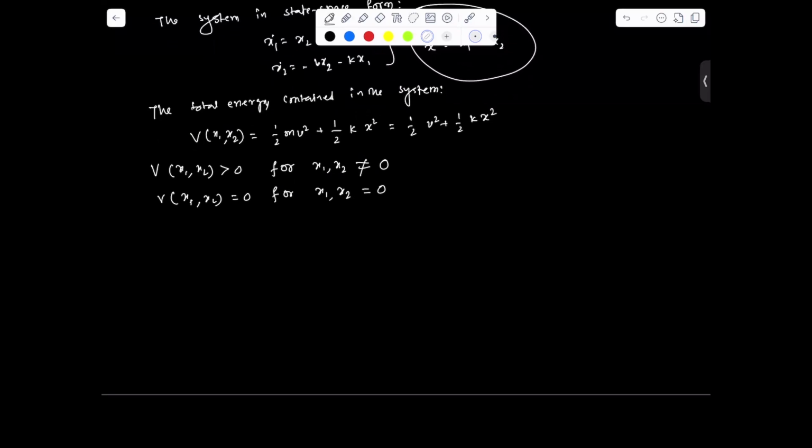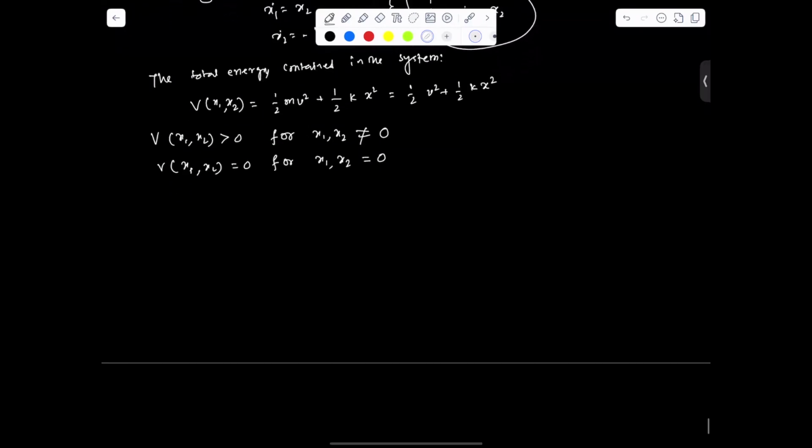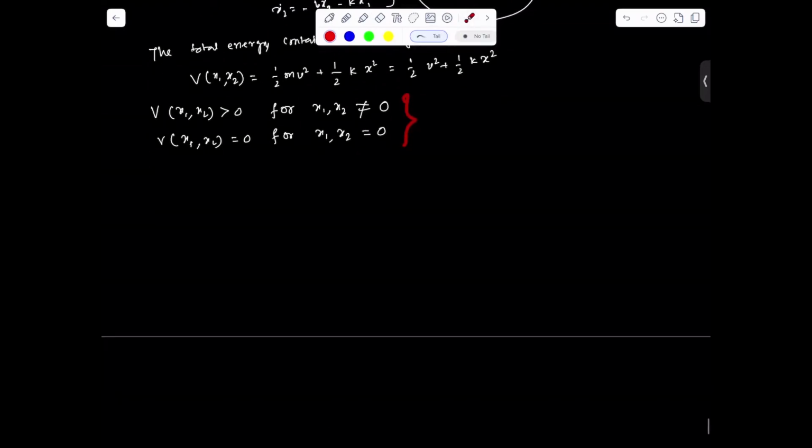If this condition is satisfied, we can say this is the energy function for this particular system. We'll have detail in the later lecture on how this condition is derived.